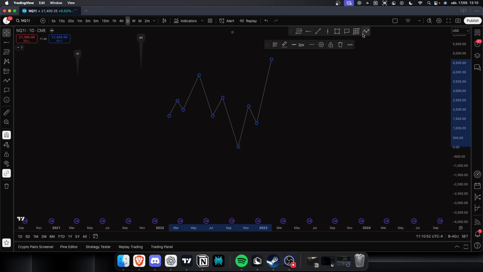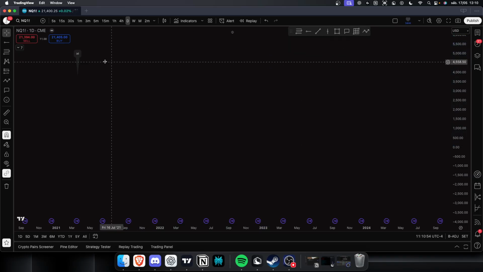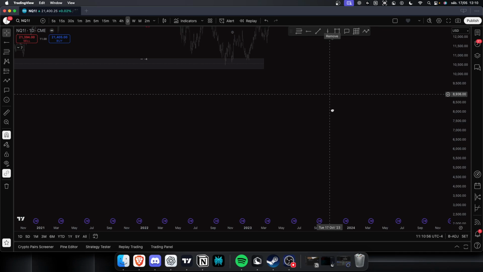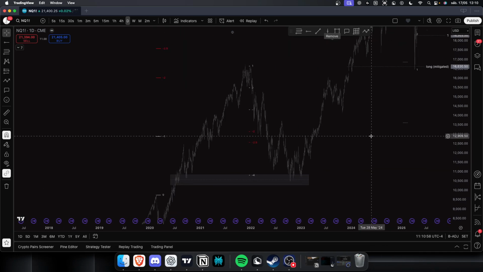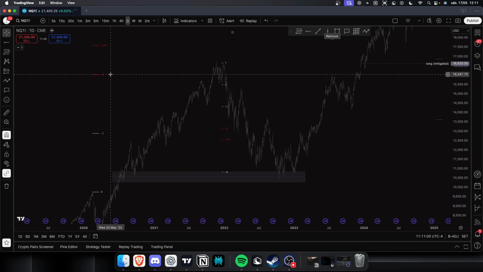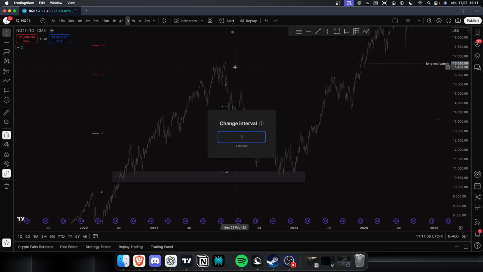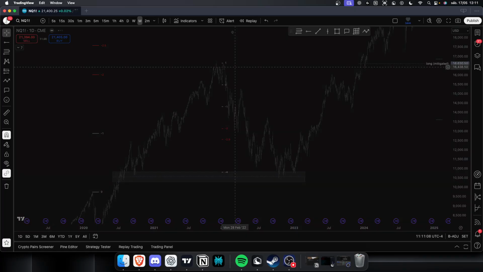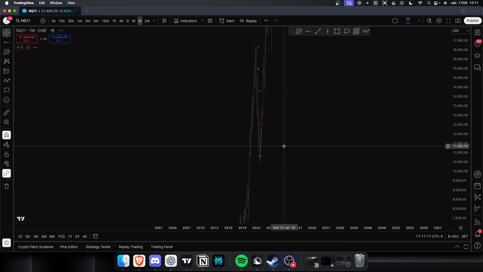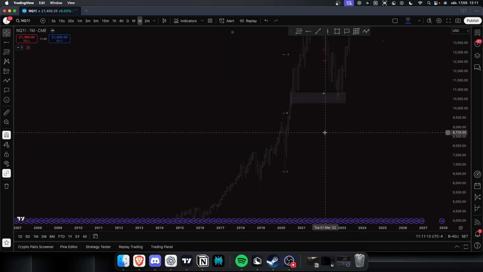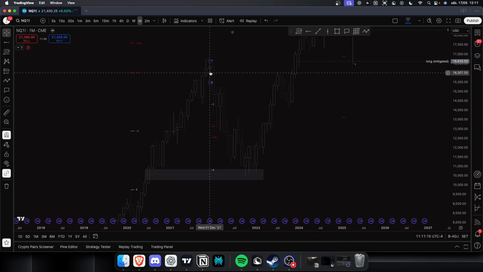To show you visual proof or a visual aid in price, as you can see, we reverse from the -2 zone. There's a run on discount, and we sweep the highs up here.